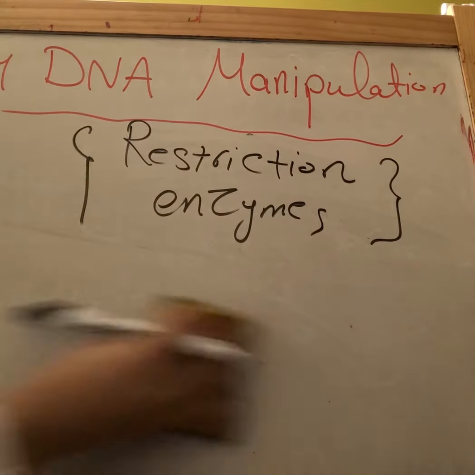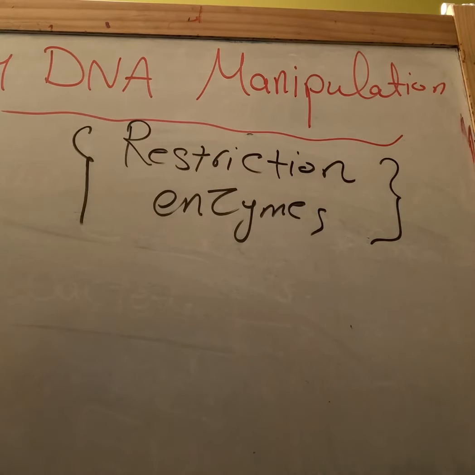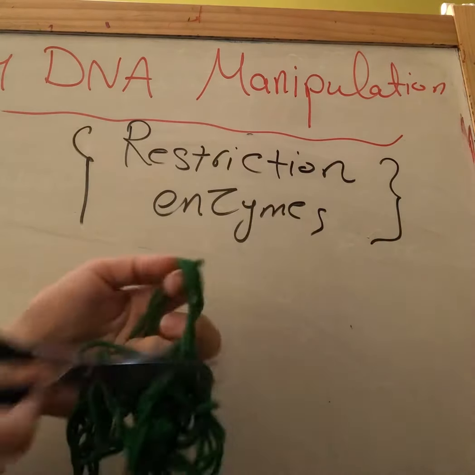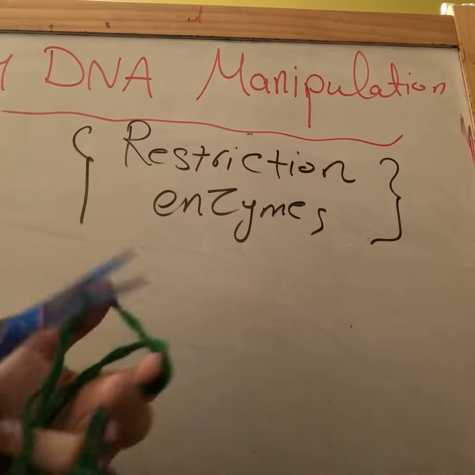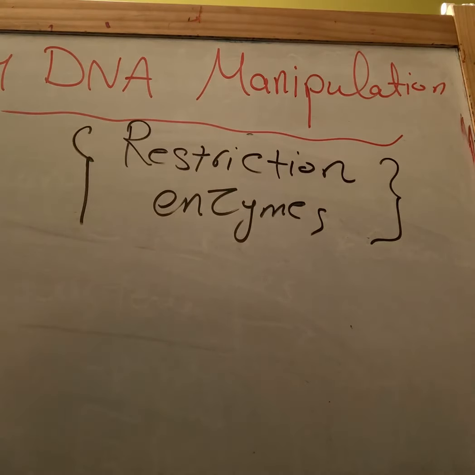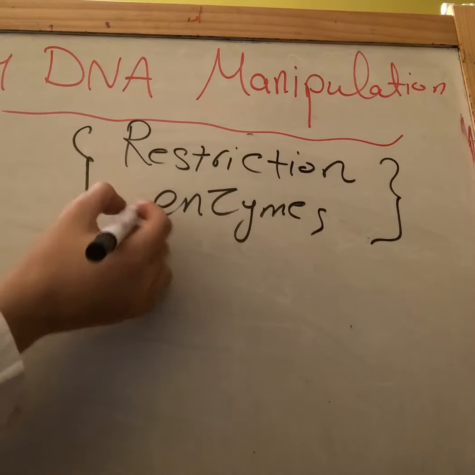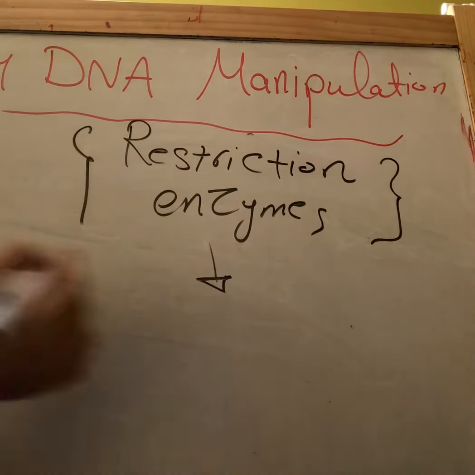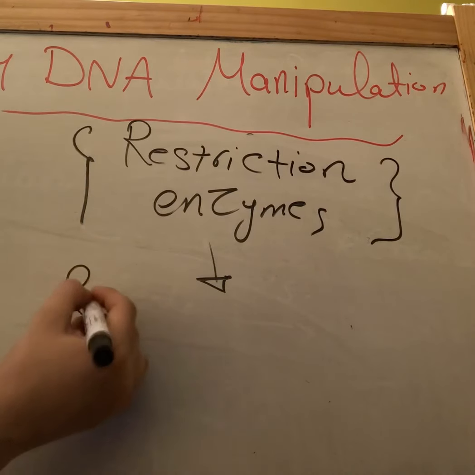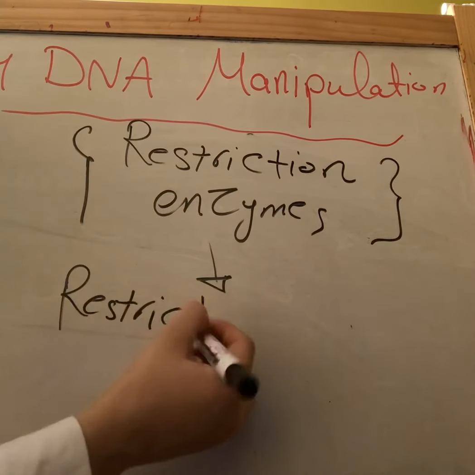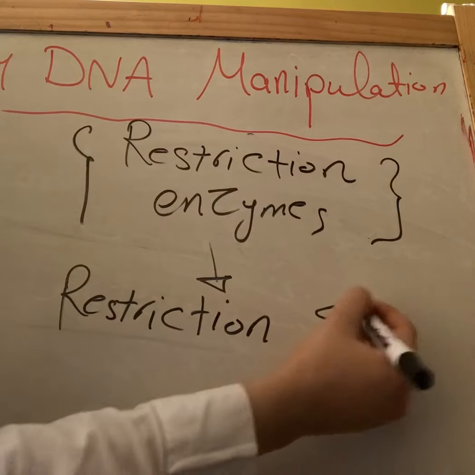Well, do restriction enzymes cut the DNA randomly at any site, or do restriction enzymes have certain sites? Actually, each restriction enzyme has its specific site, and the site is called the restriction site.